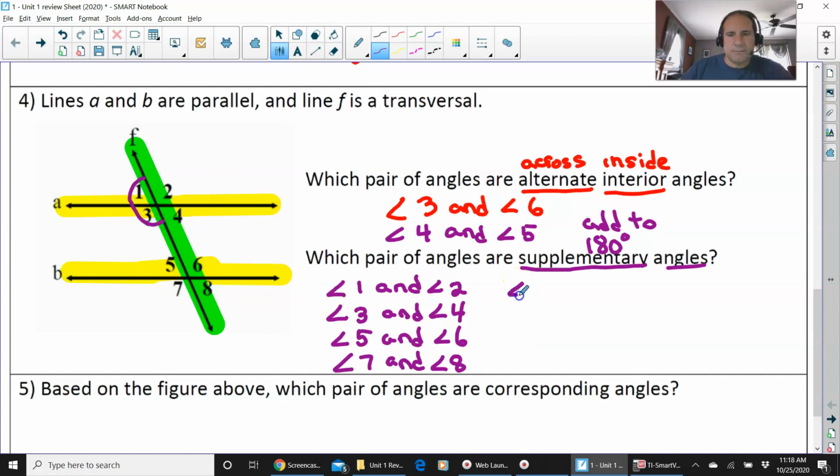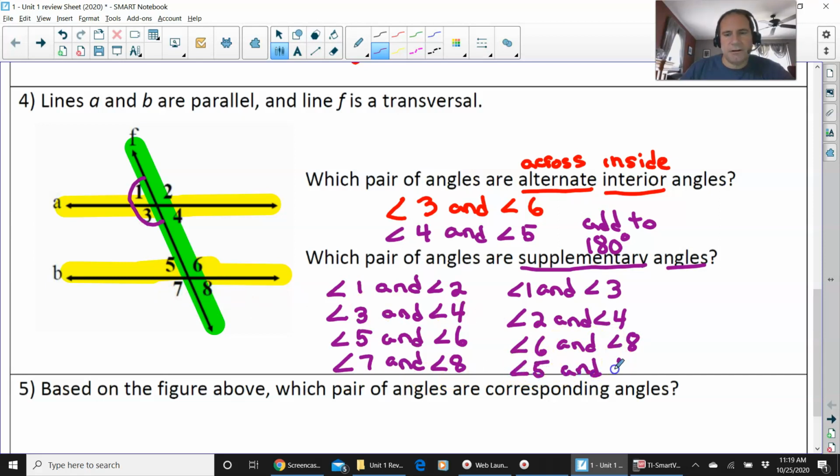Angles 1 and 3, or 2 and 4, 6 and 8, and 5 and 7. So all of these are supplementary angles.